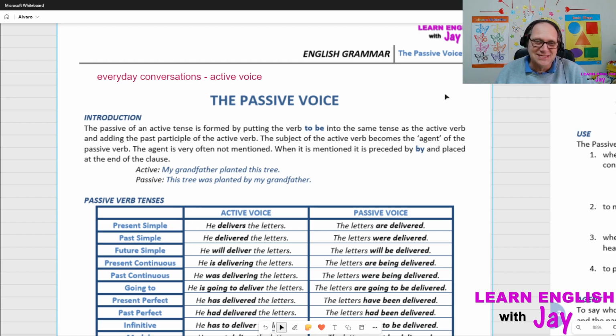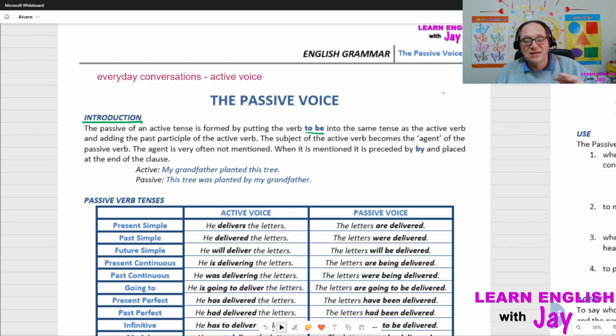Don't be too concerned about it. It's going to sound a little weird, but rest assured, it's not that bad. The passive of an active tense is formed by putting the verb to be into the same tense as the active verb, and adding the past participle of the active verb.